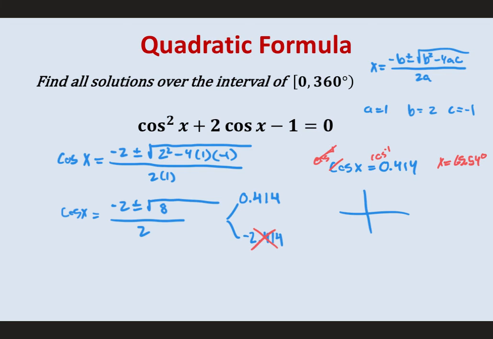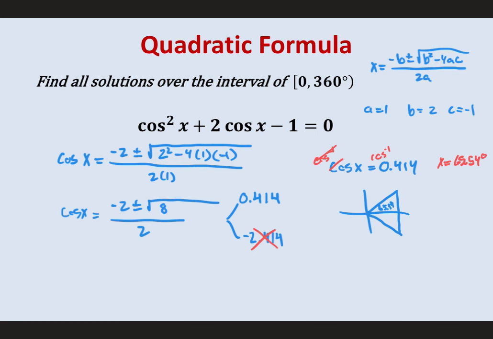Well, what that means for us is that that's potentially one of our solutions. All right, well, we know cosine is going to be positive in these two locations. Well, that 65.54 is this angle right here, but that's the reference angle for the other angle here as well.